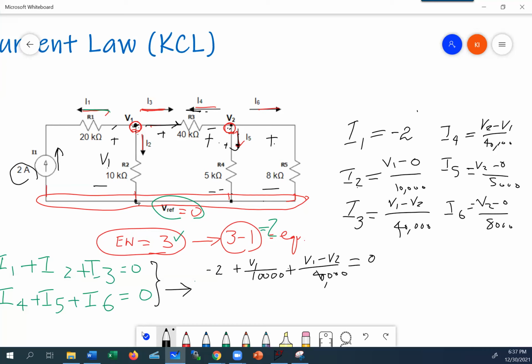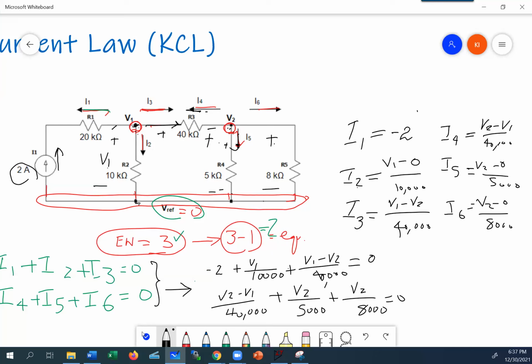And then I can go ahead and take I4, I5, and I6 and do the same thing. So I can do V2 minus V1 over 40,000, plus V2 over 5,000 plus V2 over 8,000 equal to 0.